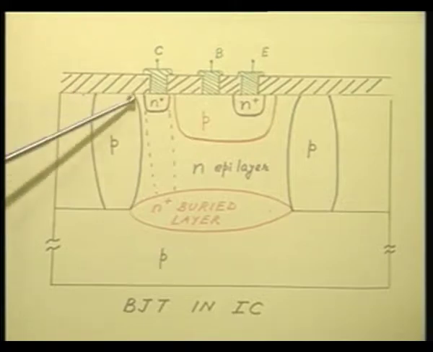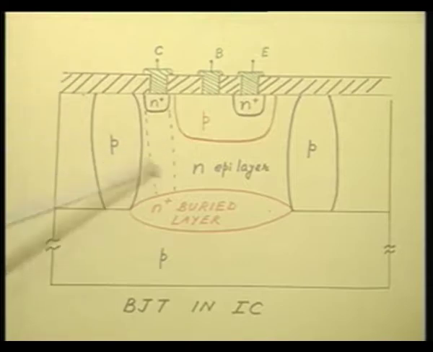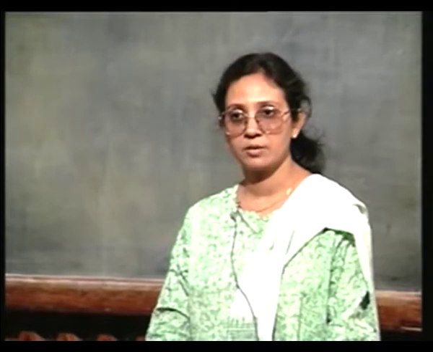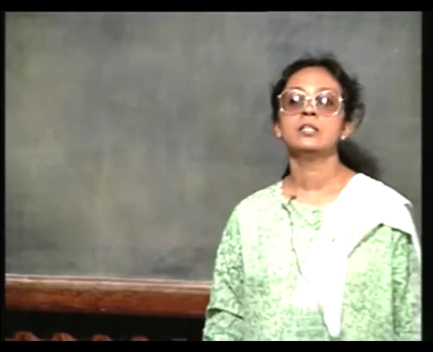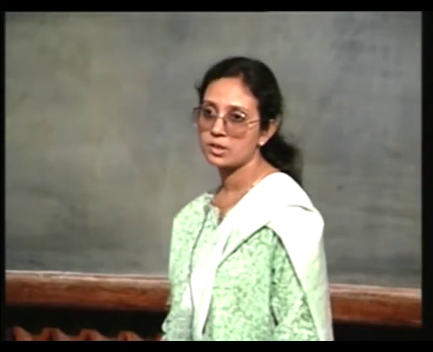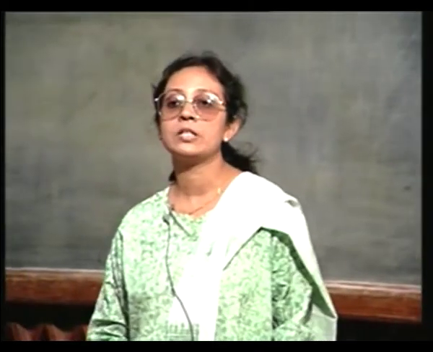And if you have this junction isolation, then you have a large junction capacitance associated with the collector N and isolation P. The PN junction capacitance will tell adversely on the speed of the transistor. So, you see basically the PN junction isolation technique has two major drawbacks.